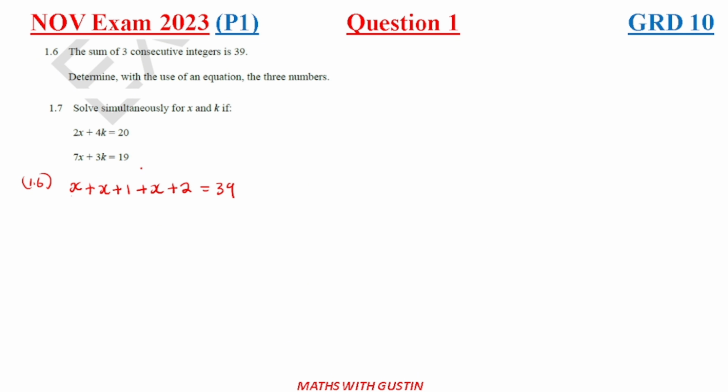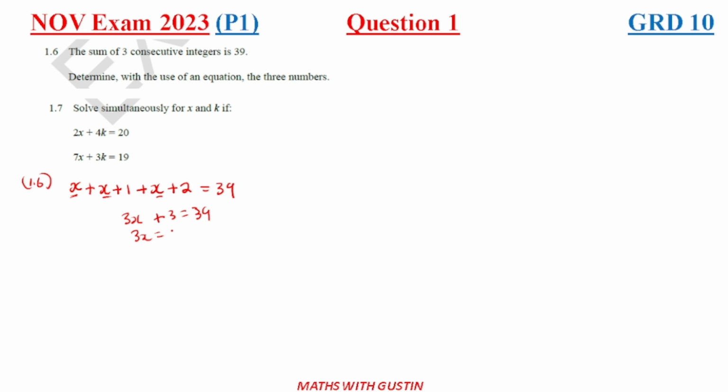So now you can add these numbers all together. x plus x plus x gives us 3x, and 1 plus 2 gives us 3, which equals 39.